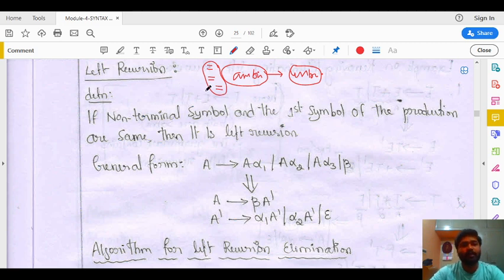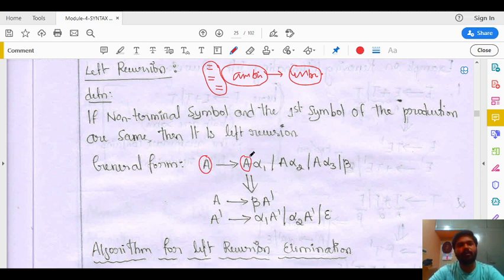So how do we eliminate left recursion? In order to eliminate left recursion, we have to bring the grammar into a form, right? A grammar will be in the form of A tending to A alpha 1, A alpha 2, A alpha 3, and it moves on. How do you know that this grammar is left recursive? Whenever you have A as my left hand side and the right hand side of a production begins with the same symbol, we don't want that to happen.